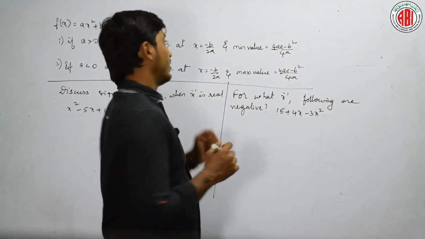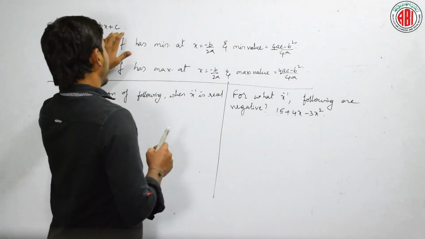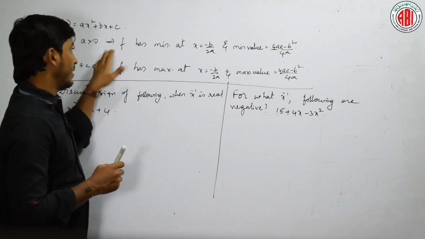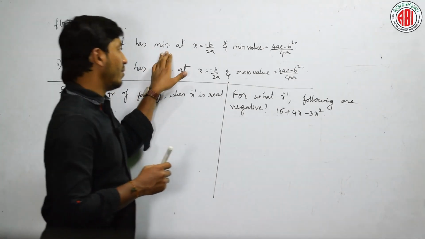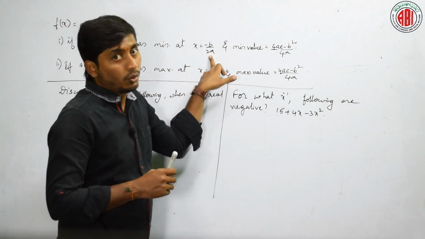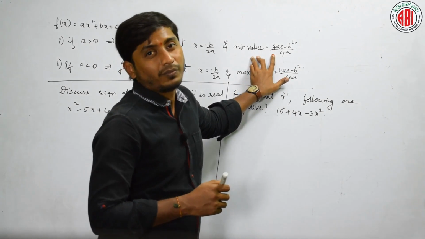One more thing: what if f of x is ax square plus bx plus c, and if a is greater than 0, then f will have a minimum value at x equal to minus b by 2a, and the minimum value is (4ac minus b square) by 4a, right.